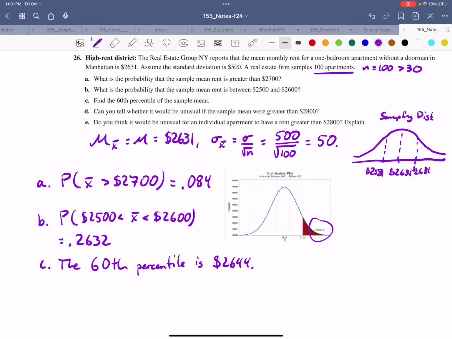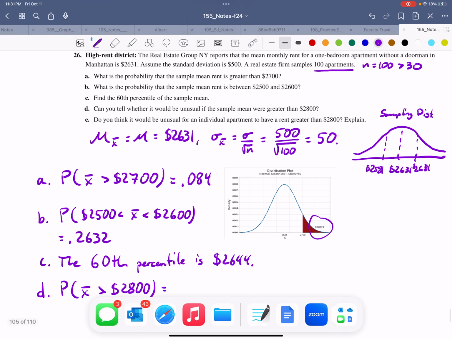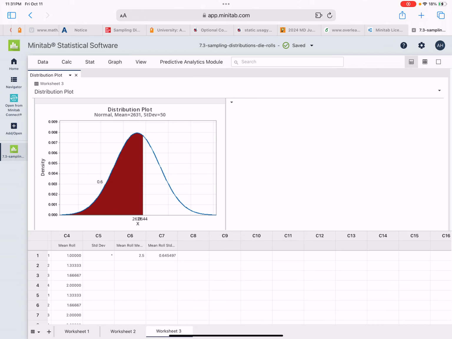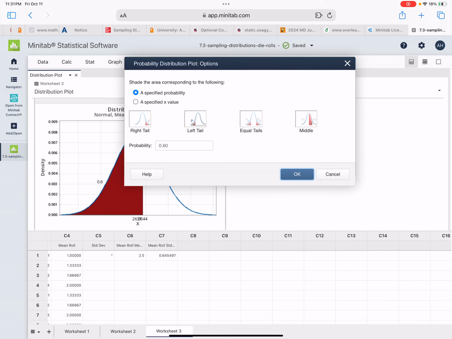All right, let's see. Can you tell whether it'd be unusual if the sample mean were greater than 2,800? Well, the probability that the sample mean is strictly greater, or greater than or equal to, doesn't matter. 2,800, it's going to be very small. So the answer is yes. Again, specified x value, right tail.